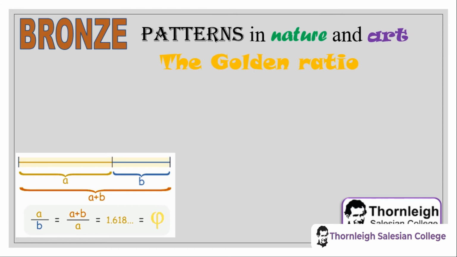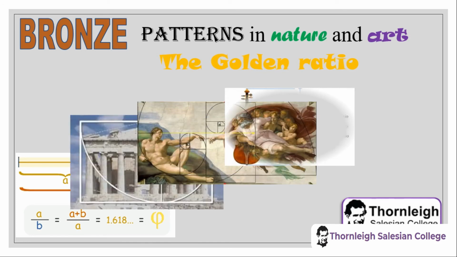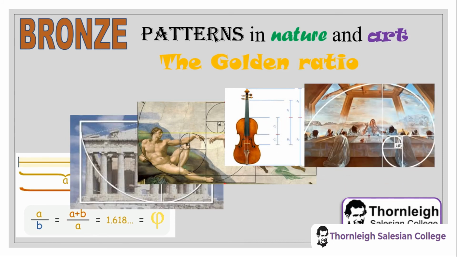Mathematicians have studied the golden ratio for centuries because of its frequent appearance in the world around them, and many famous architects, artists, musicians, and theologians have incorporated the golden ratio into their work.